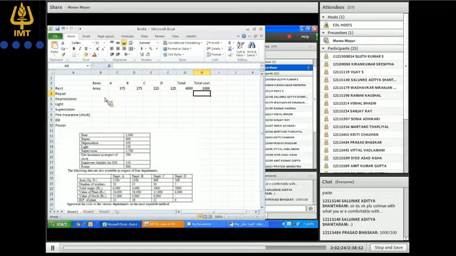So this is how the rent can be distributed or apportioned to 4 departments, right?